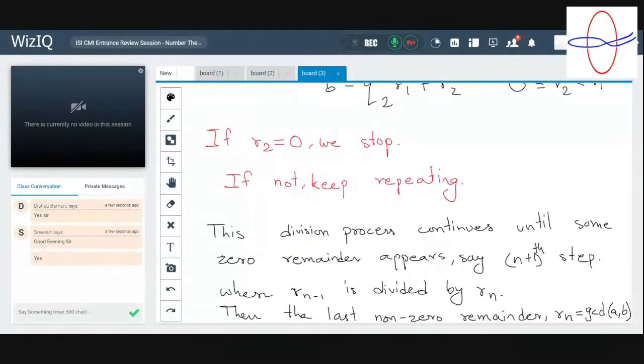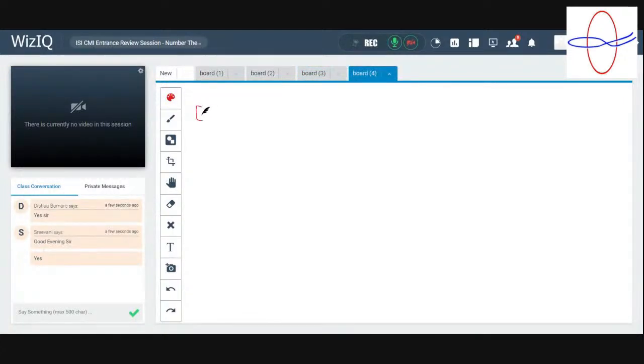So that's the division algorithm or the Euclidean algorithm. Let's look at one example just so this is absolutely clear.